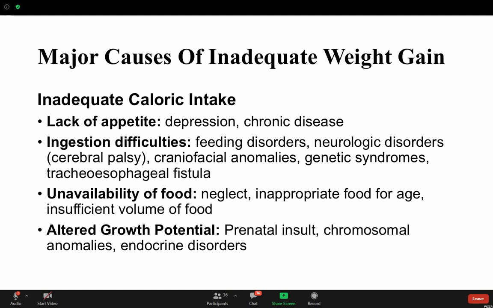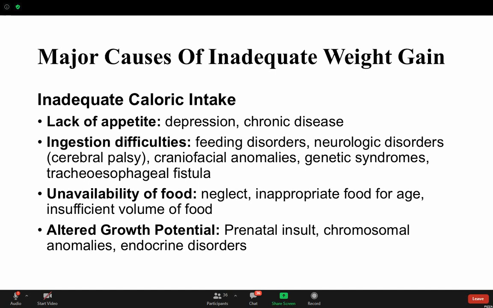Either there's an ingestion difficulties, okay, يا إما feeding disorders, neurologic disorders زي cerebral palsy، ناس اللي عندهم craniofacial anomalies عندهم أي مشاكل بالجمجمة وبالفك، genetic syndromes، tracheoesophageal fistula، أي شيء يسبب ingestion difficulties، أو inavailability of food، يا إما بسبب إهمال الأهل neglect، أو inappropriate food for age، الأهل قاعدين يعطونا أكل ما هو مناسب لعمره، أو insufficient volume food ما يعطونك كمية كفاية.